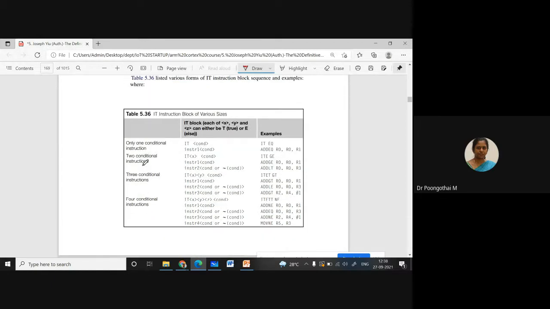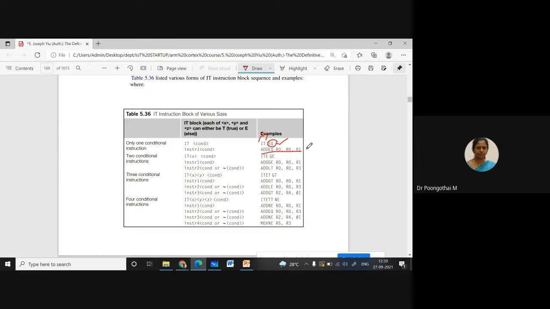Okay. So look at this first one conditional instruction, IT. IT equal means the conditional attribute is equal. So before this statement you have to use a compare instruction. If both the numbers are equal, this instruction will get executed.